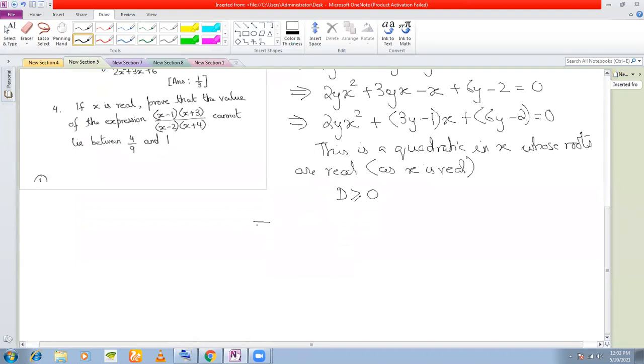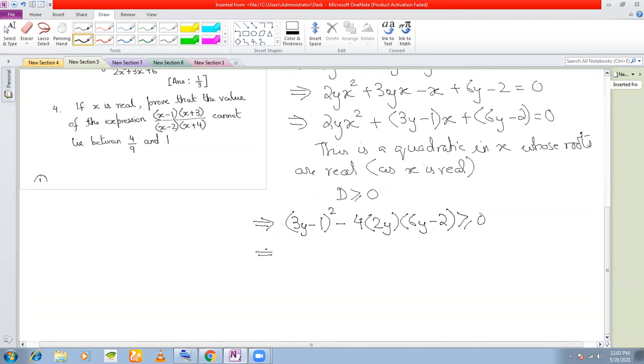What is the discriminant of this quadratic? B square minus 4 into a into c greater than or equal to 0.